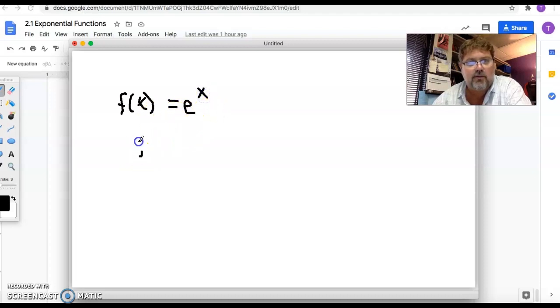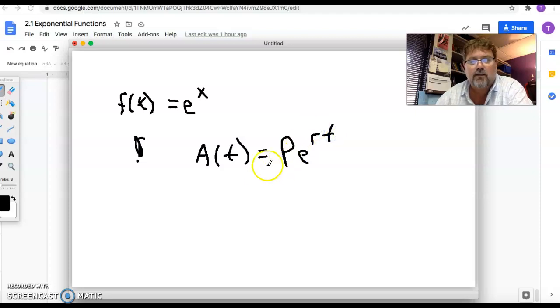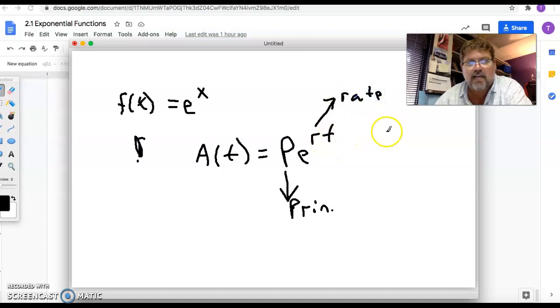There's another formula we're going to find. Well, let's call it A of t. Sorry. It looks like this: A of t equals P e to the rt. And this is the principal, this is the rate, and this is time again.